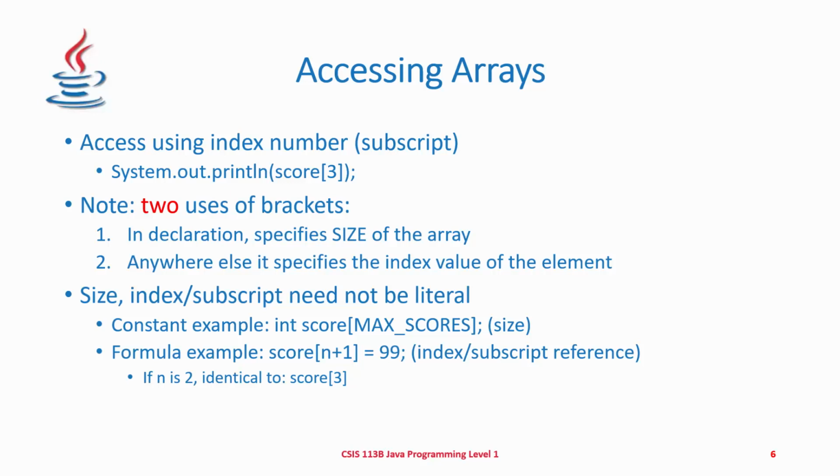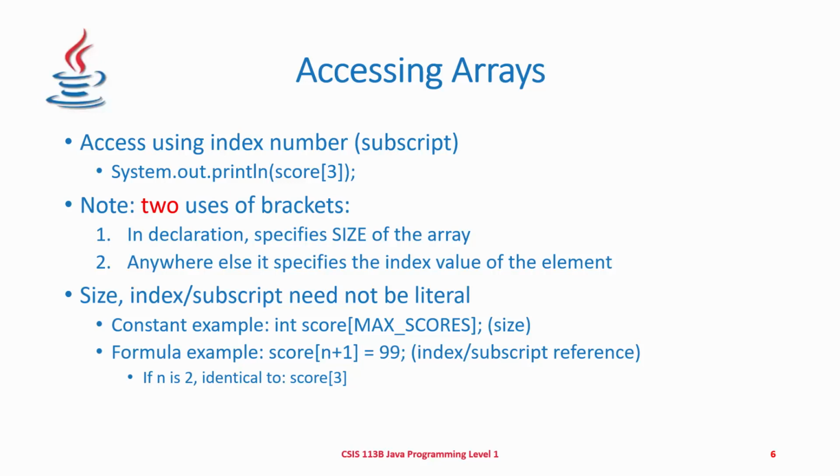So you can see in the example here, we're using max_scores as the value when we identify the new size of this new array. So an int array that's going to be named score, and then we're passing to it this constant, which is a variable that already has a value stored in it, and that's determining then the size of the new score array of integers.